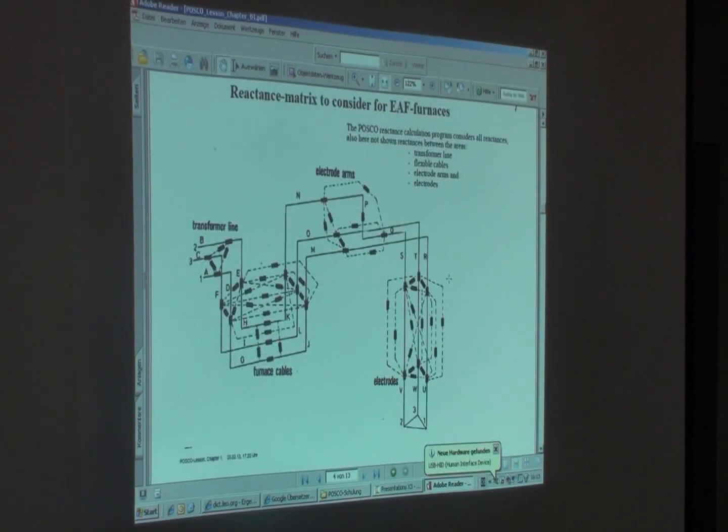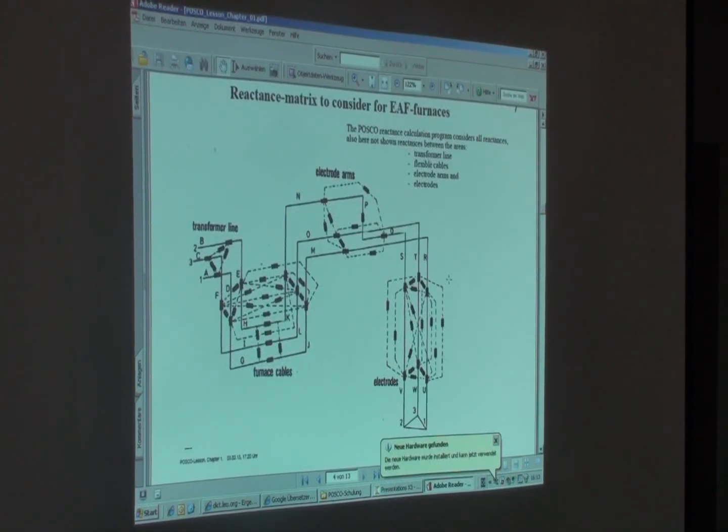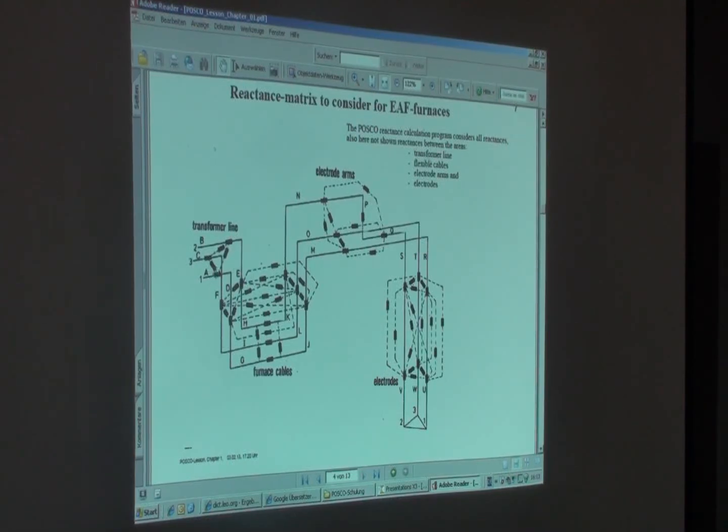Remember this picture. If you have here a tube and here a copper plate, then you have to calculate the geometric mean radius. And where is the point? Normally this one is the point.